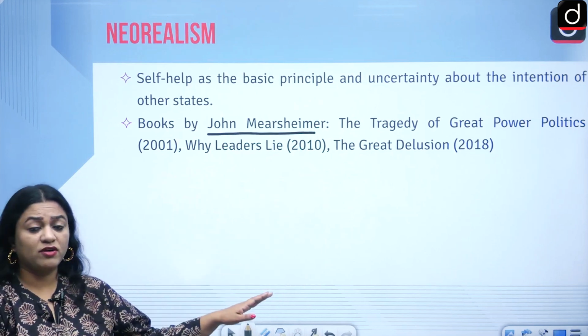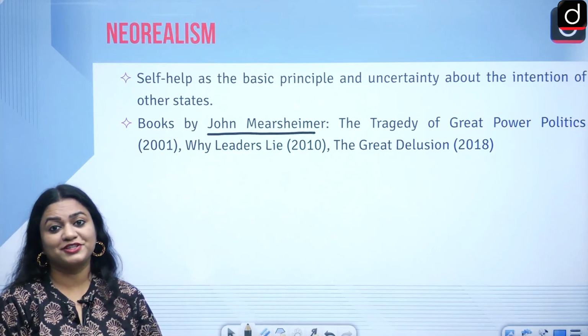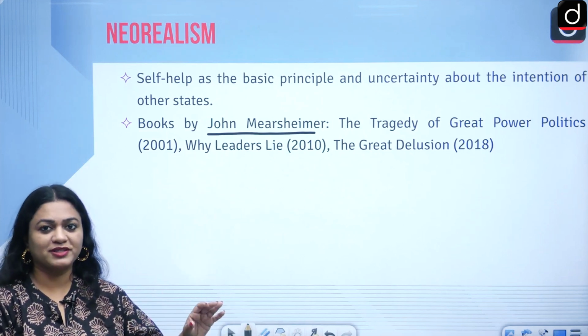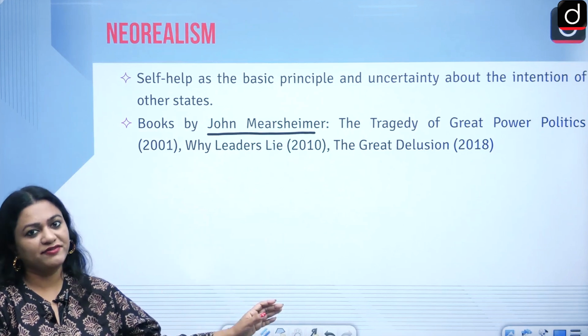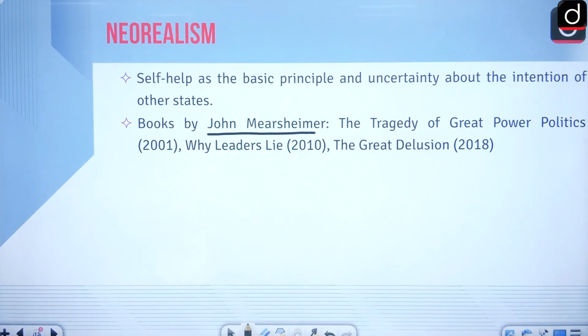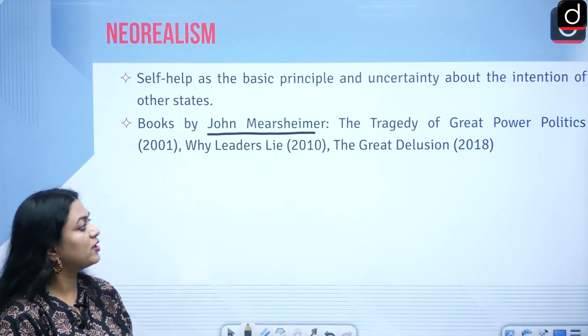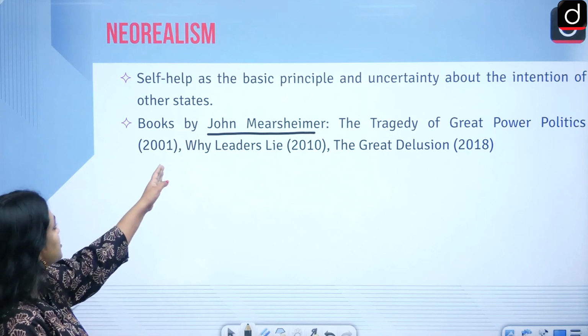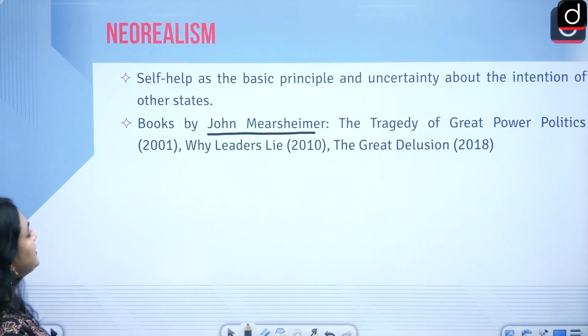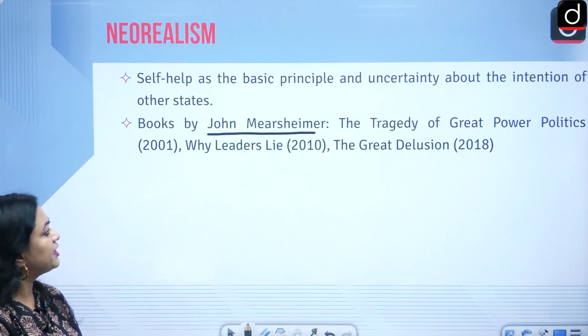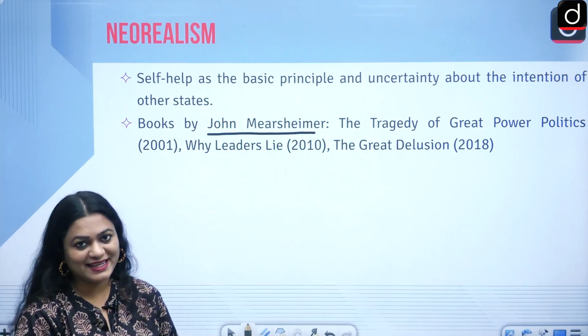You can write them down, because in the UGC NET examination they do ask one or two questions from international politics related to identification of books. Mearsheimer has written The Tragedy of Great Power Politics, published in 2001, Why Leaders Lie, published in 2010, and The Great Delusion, published in 2018.